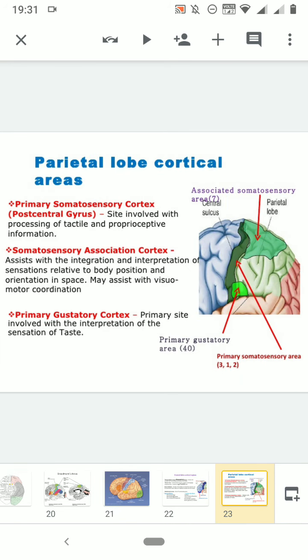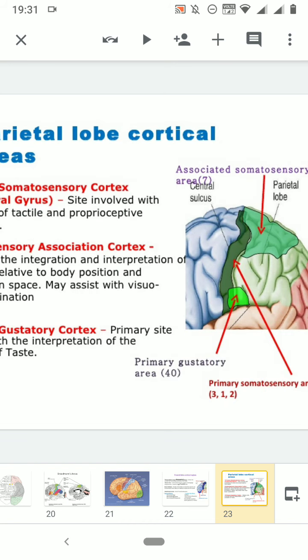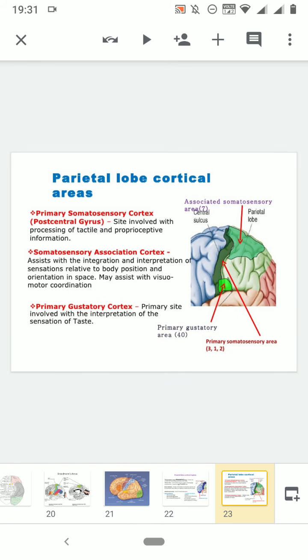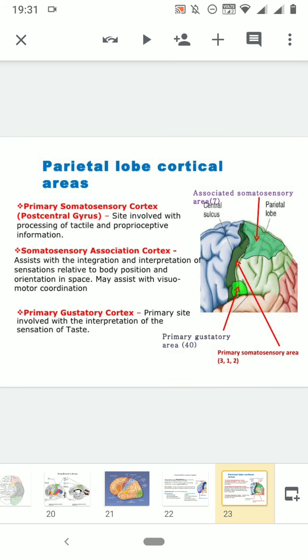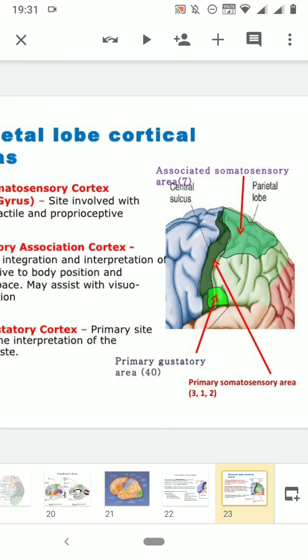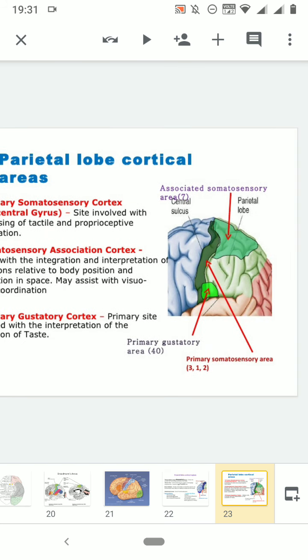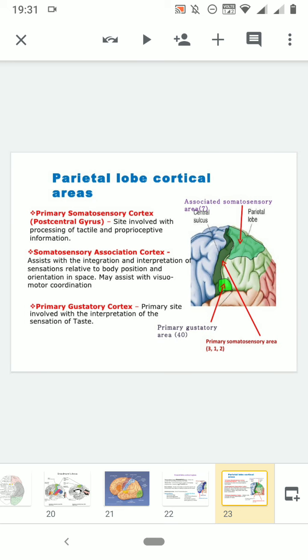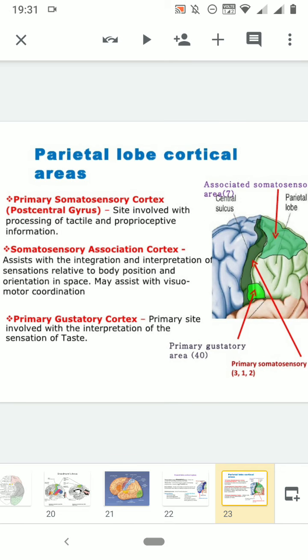Okay, parietal lobe. So you can see the parietal lobe, you have the green color which is the primary somatosensory area, number 3, 1, 2, which is very important for sensations, for tactile and proprioceptive sensations which are picked up. Somatosensory association area you can see just behind in light green. This is the association area, that is area number 7. And this assists in integration and interpretation of sensations relative to body position and orientation in space, and also assists with visuomotor coordination.